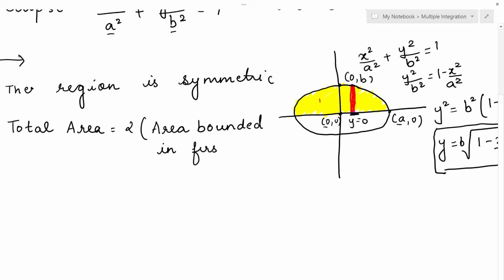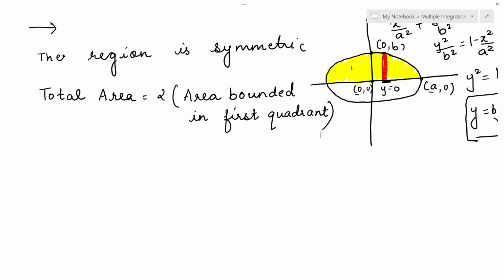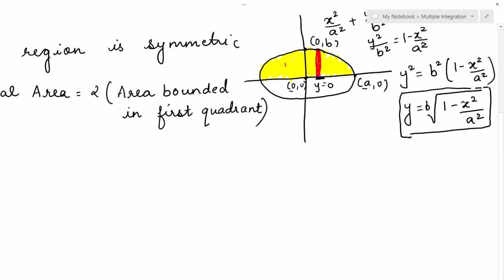Whatever area is there in the first quadrant, if I multiply that by 2, you will get the area for the total part.